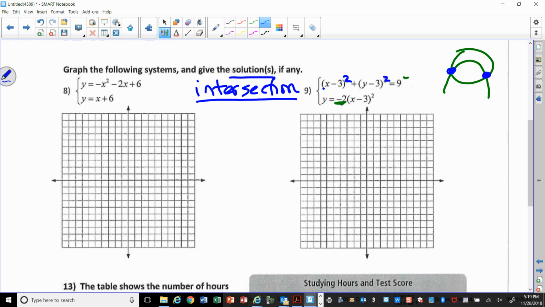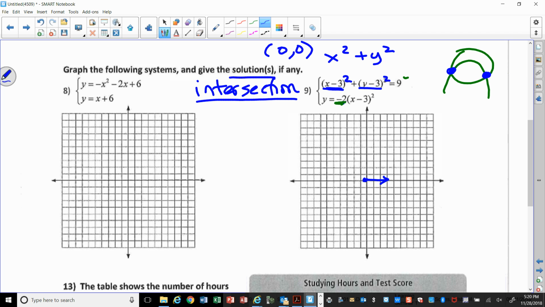So this is a transformation, so that moves it from 0, 0, right? Normally, a circle would be x squared plus y squared, and that would have a center at 0, 0. But this is going to be to the right 3. So I'm going to go 1, 2, 3 to the right.